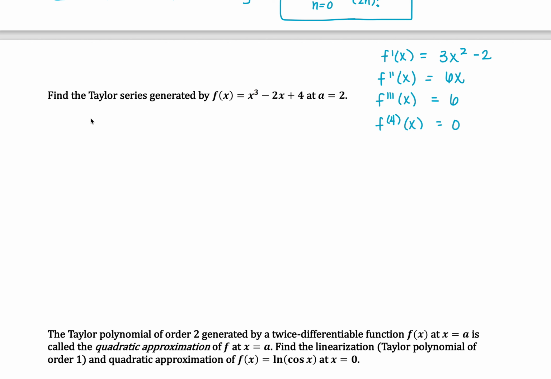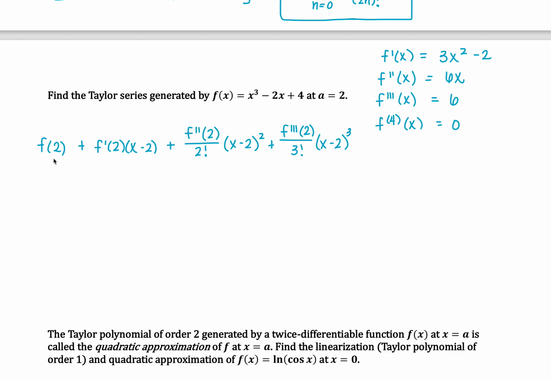And the way that's going to look, we're going to have f of 2 plus f prime of 2 times x minus 2 plus the second derivative of f at 2 over 2 factorial times x minus 2 squared plus the third derivative over 3 factorial times x minus 2 cubed. There's no use in writing any more out because, like I said, they're just going to go to 0.